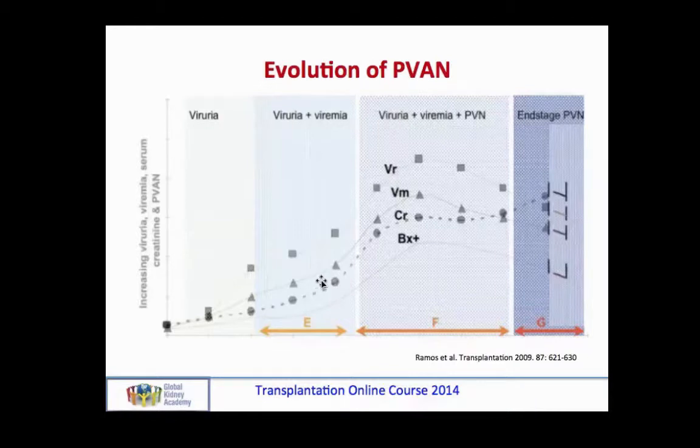And when you have a significant rise in creatinine, obviously that indicates that you have established polyoma virus-associated nephropathy. Okay, so viuria followed by viremia, followed by organ dysfunction and histological change.